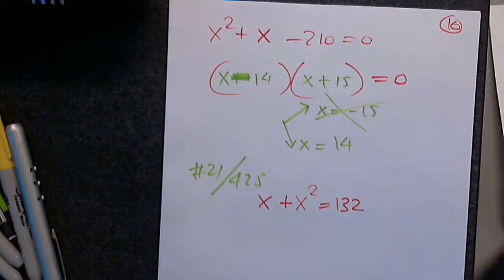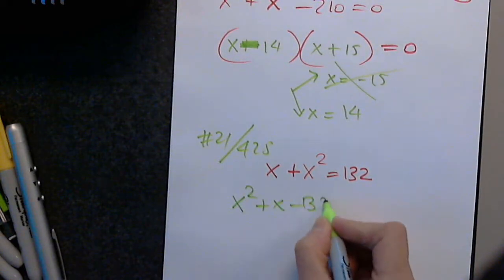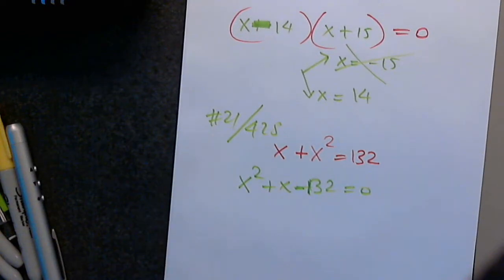What now? What would be the next step? x squared plus x minus 132 equals 0. Indeed. Without presenting it in descending order and setting it equal to 0, I will not be able to solve. Descending order, yes. Greatest common factor, no. Negative leading coefficient, no. Special product, I wish.